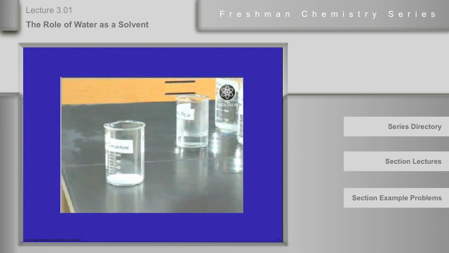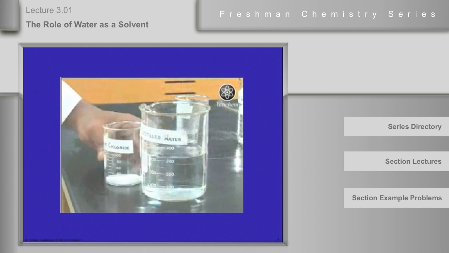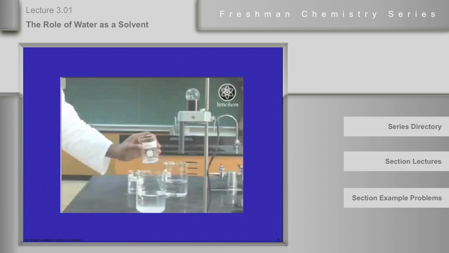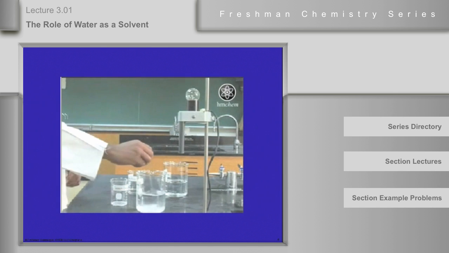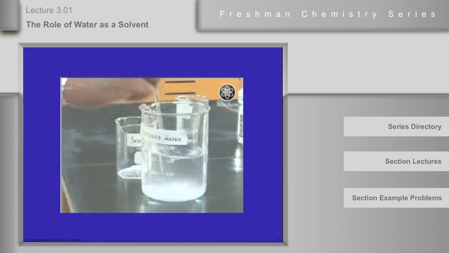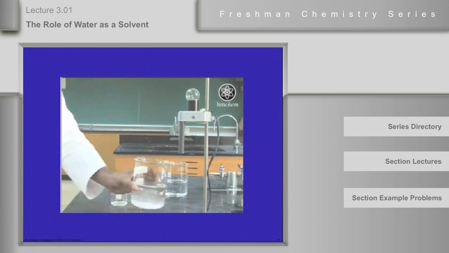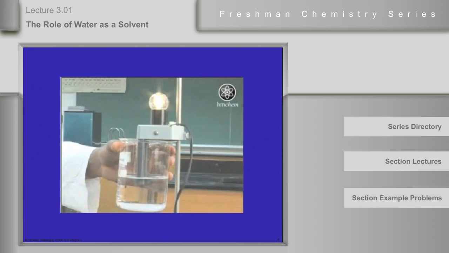Sodium chloride, a soluble salt and a strong electrolyte, is added. The amount of ions increases the conductivity, lighting the bulb.